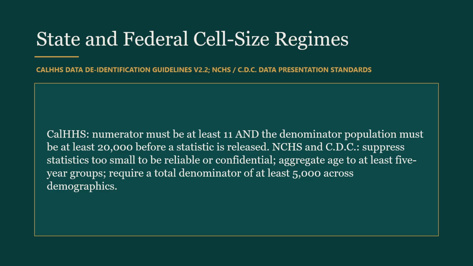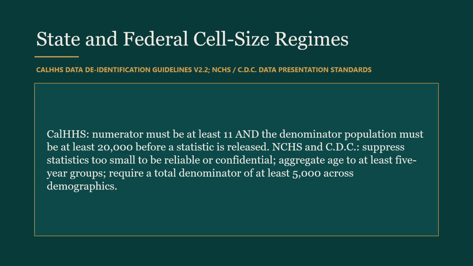Suppress statistics that are too small to be reliable or to protect confidentiality, which fuses the statistical reliability question with the privacy question, because an unstable rate is both untrustworthy and revealing. And aggregate age to at least 5 year groups, with a total denominator of at least 5,000 across demographic breakdowns.